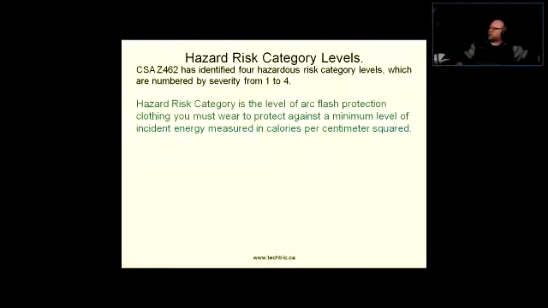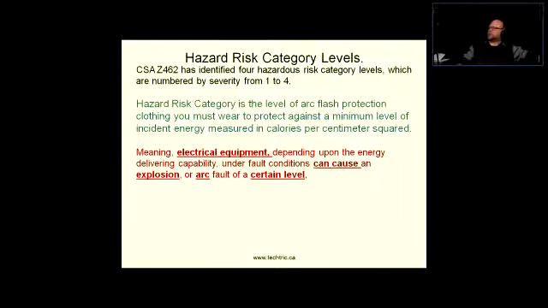So hazard risk category is the level of arc flash protection clothing you must wear to protect against a minimum level of incident energy measured in calories per centimeter squared. So you've got to put some numbers to the protection levels. The risk is calculated based on calories per centimeter squared, meaning electrical equipment, depending upon the energy delivering capability under the fault condition, can cause an explosion or arc fault of a certain level.